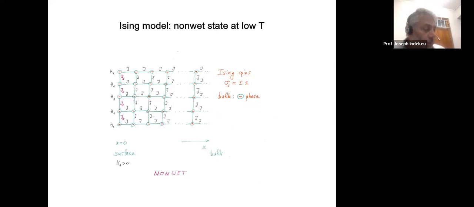And so close to zero absolute temperature, there's actually not going to be fluctuations, and everything is going to be perfectly ordered according to what the energy wants. If I have ferromagnetic coupling, so J positive, it means that all these spins want to be aligned.